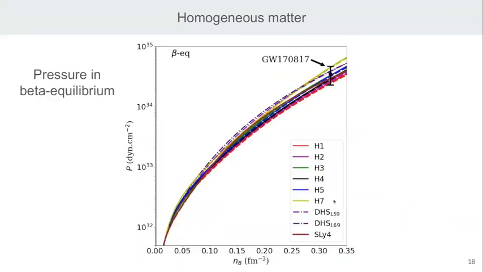Here I also show the pressure in beta equilibrium, and this is also interesting to check because we can compare with some constraint given by the gravitational wave measure from the binary neutron star merger event of 2017, where the LIGO Virgo community proposed this constraint for the pressure at twice saturation density.